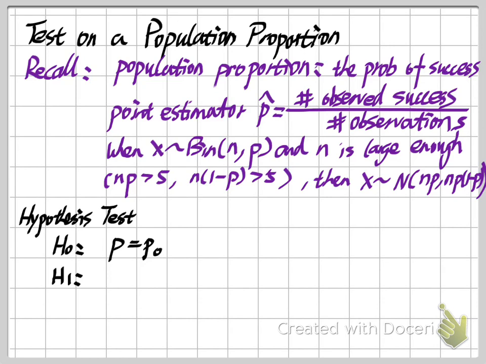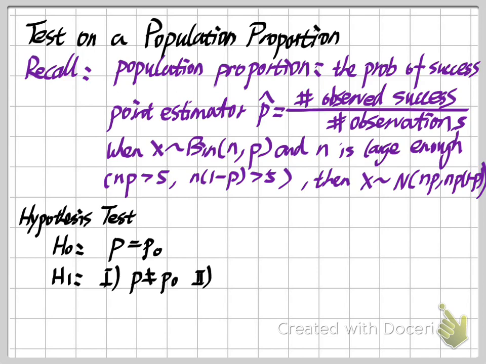And then for our alternative hypothesis, H1, we also have three different cases. Again, the first one is a two-sided test, so we have an inequality for our first case: p is not equal to p0.